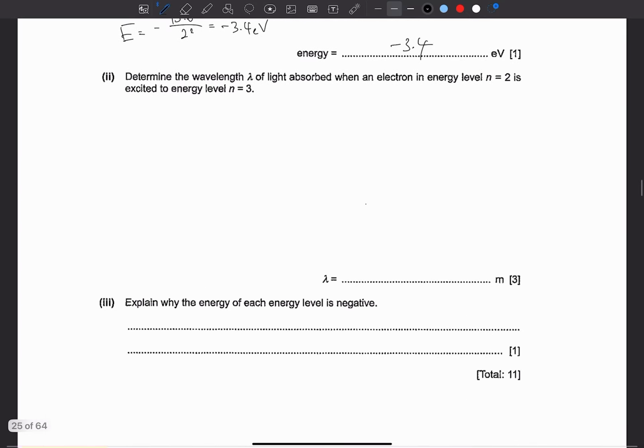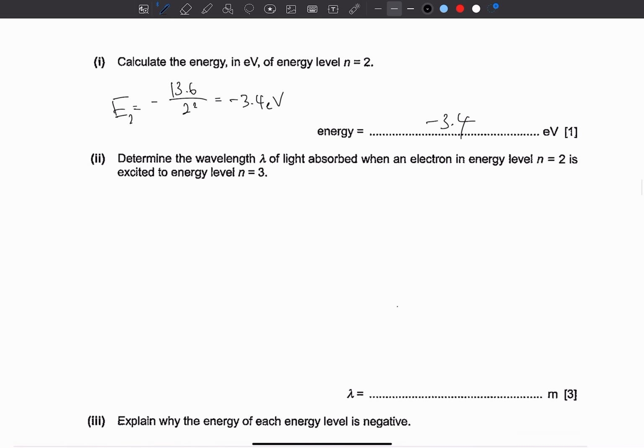Okay. Let's calculate the energy level at 3. You get negative 1.511 eV.